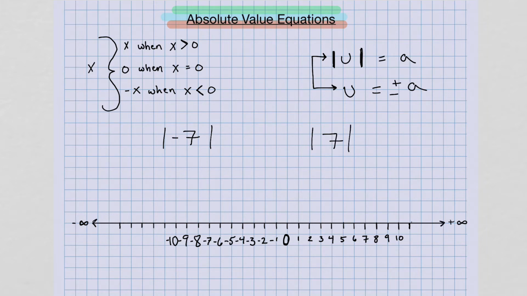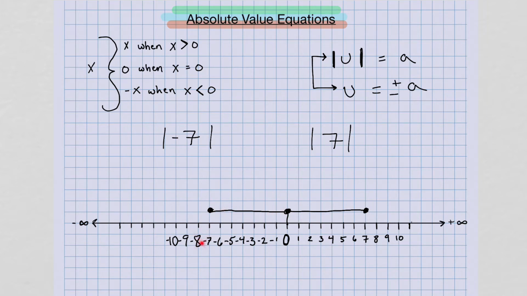Let's say we start here at 0 and we go this direction to 7. We're asking ourselves, how far away from 0 is this number? It's 7 units away. Similarly, if we go in the opposite direction, from 0 to -7, how far away from 0 is this number? It's 7 units away.